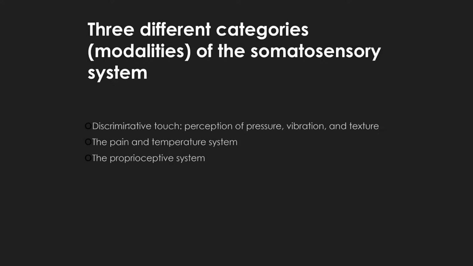So 3 tracts: discriminative touch, which is responsible for superficial sensation, perception of pressure, vibration, texture; the pain and temperature system; and proprioception, which is muscle flexion and extension sensation, actually providing us with body location sense.